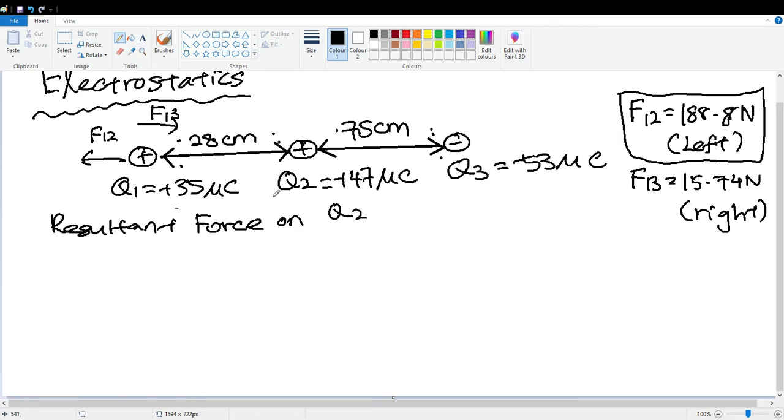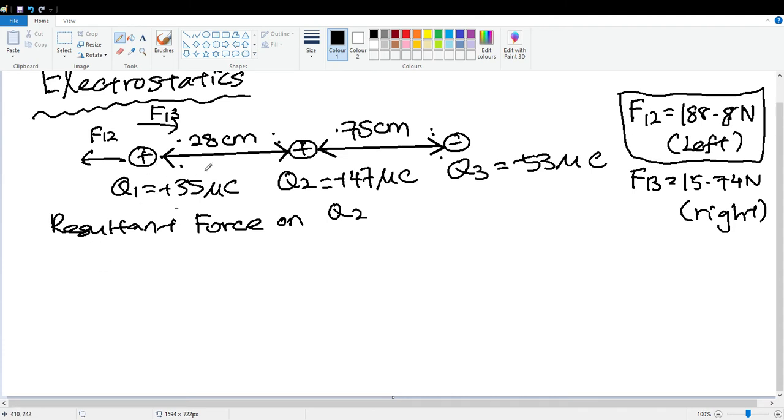How should I describe this one? There are two charges, Q1 and Q3, interacting with Q2. So it means there are also two forces acting on Q2, and what we need to do is find out the resultant force.